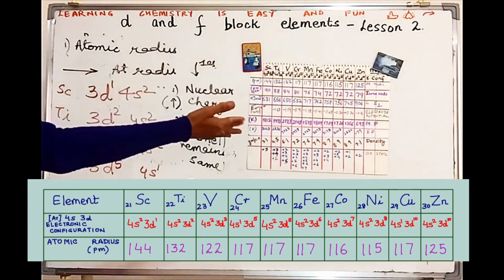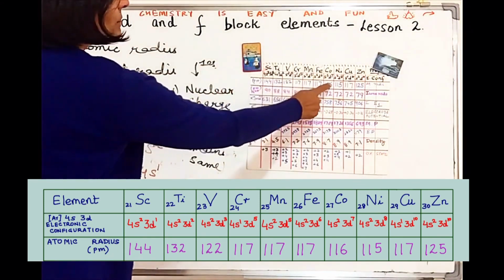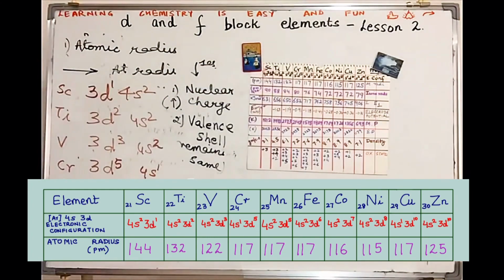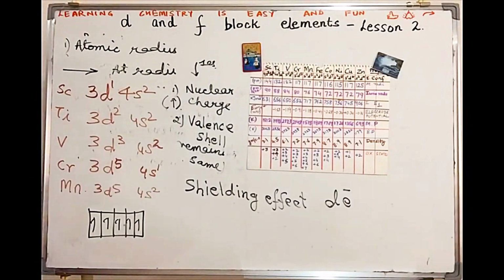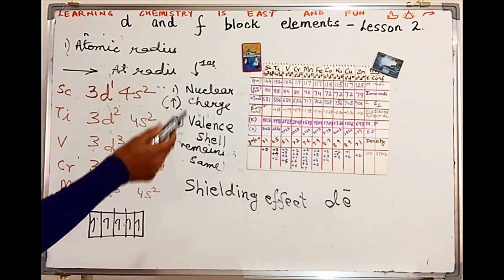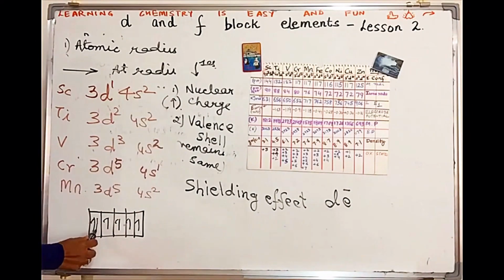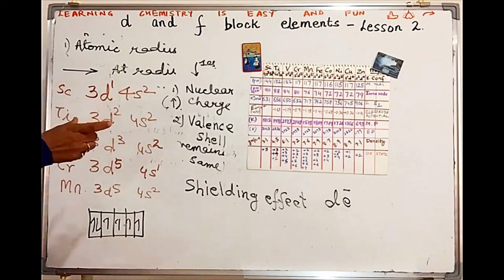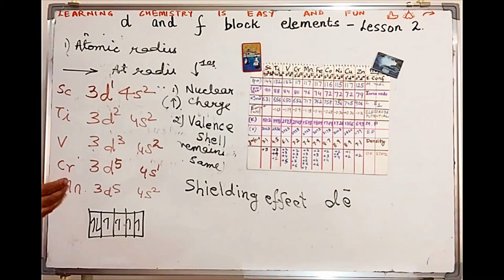Now what happens after this? Again, there is not much change, it's 116. What accounts for this? From iron onwards, the electrons start pairing up. This is what we have. So the exchange energy is also reducing over here, because of which the atomic radius does not vary much.